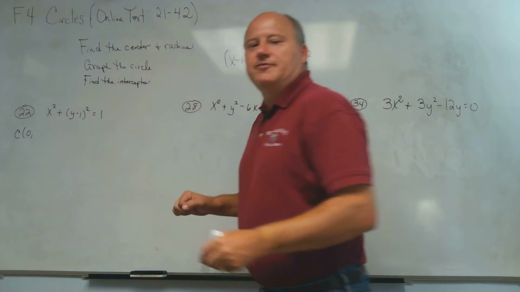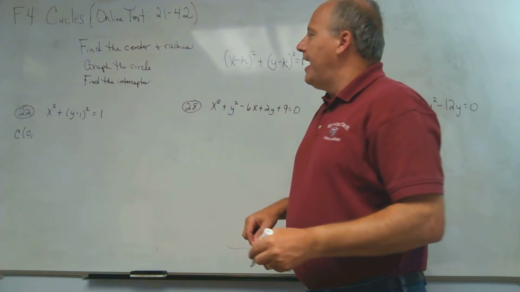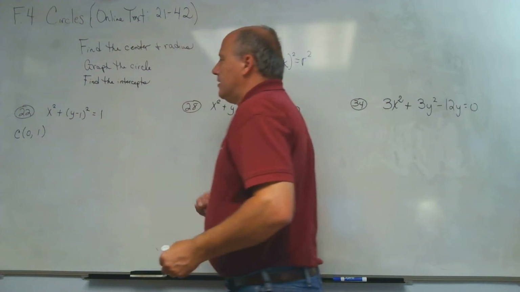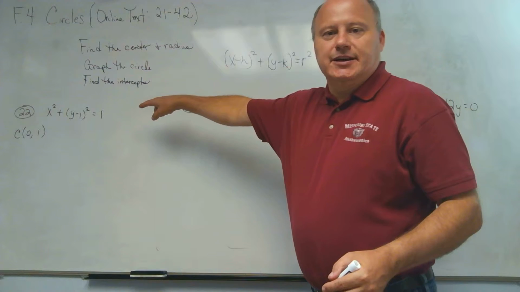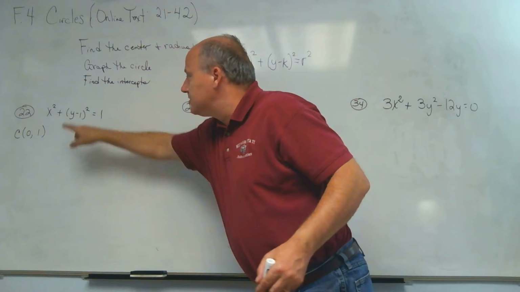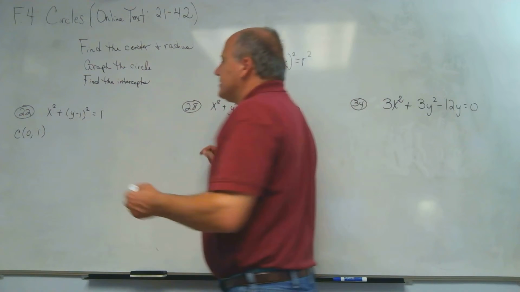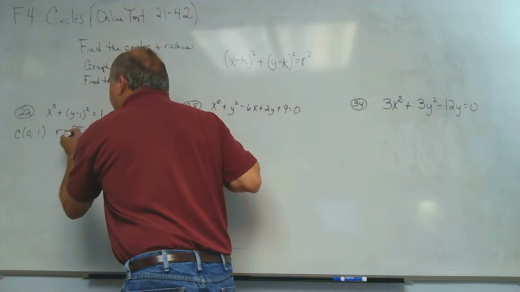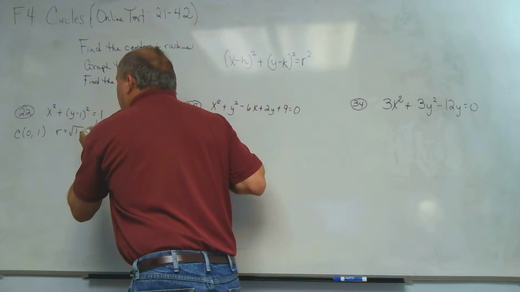Remember, h is default 0 if it's not there. And k is 1. And remember, it's not negative 1 because it's the opposite of it, or you can think of it as what makes this one 0. And the radius is the square root of this 1 right here. And so in this case, the radius is 1.